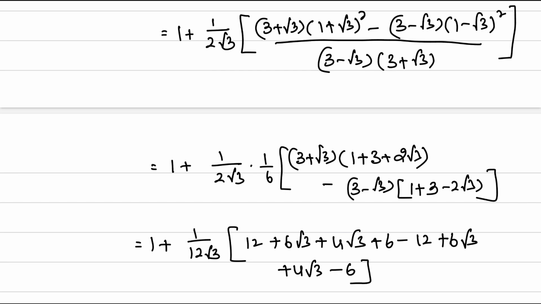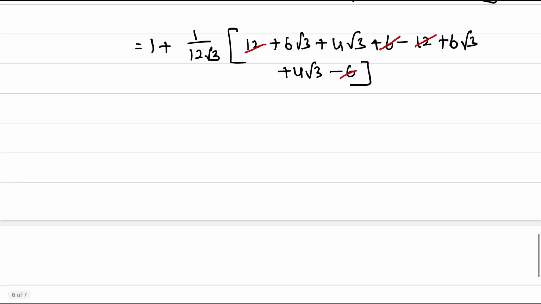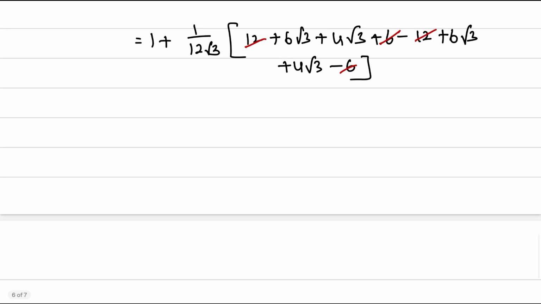Then the 6 gets cancelled, 12 gets cancelled. Ultimately the answer becomes 1 plus 1 by 12 root 3 into (6 plus 4 is 10, 10 plus 10 is 20) 20 root 3.